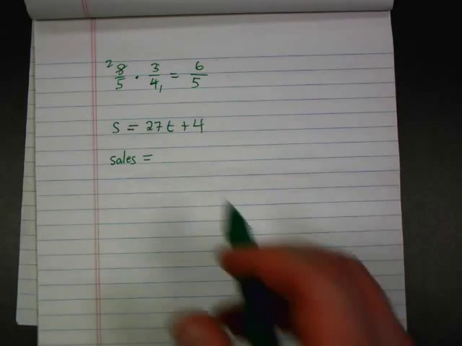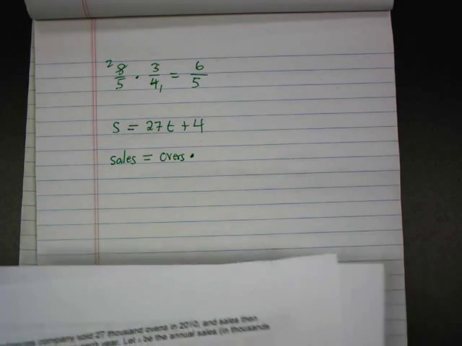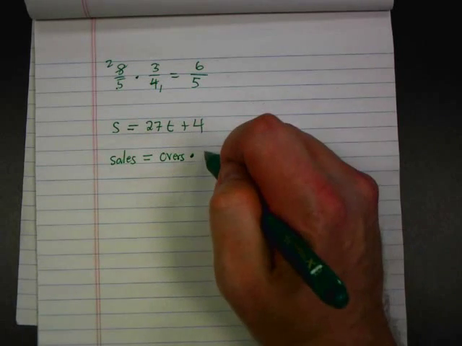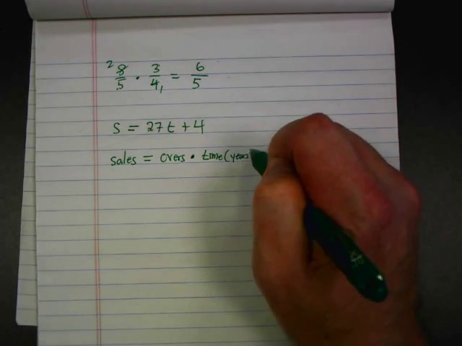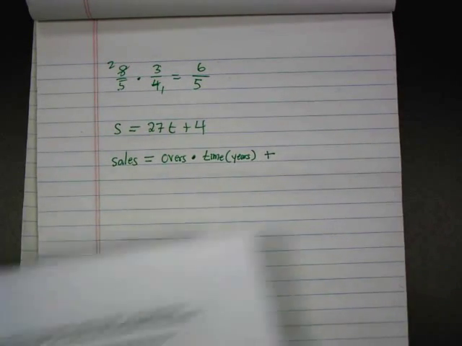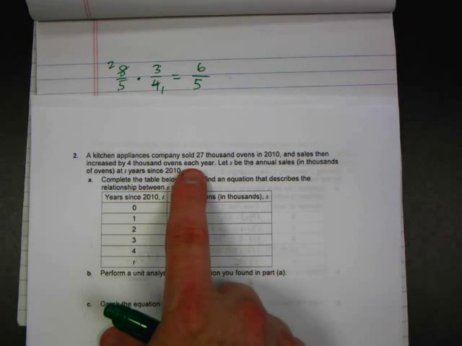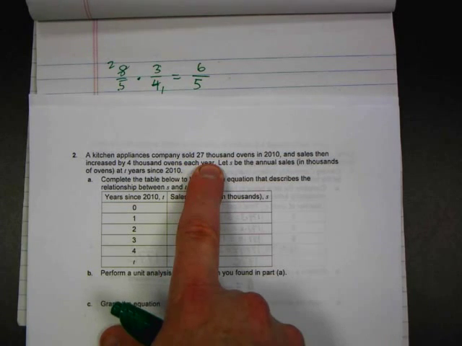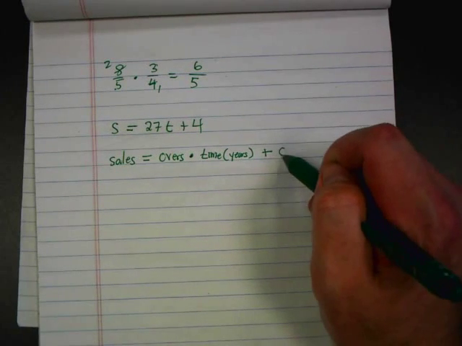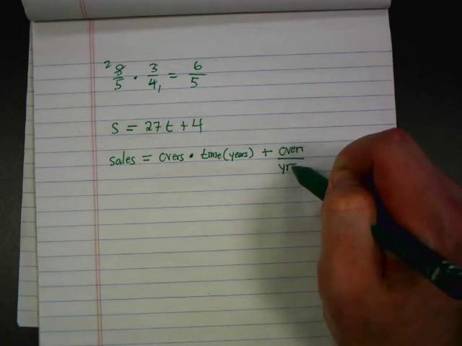So, ovens. Times. T is time, and more specifically, it's years, isn't it? Plus. What are the units on the number 4? 1,000 ovens each year. So what's that? It's ovens per year. So it's ovens divided by years.